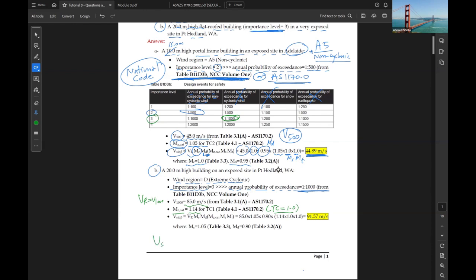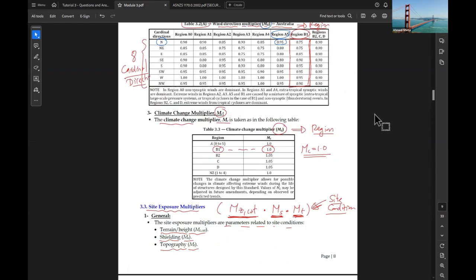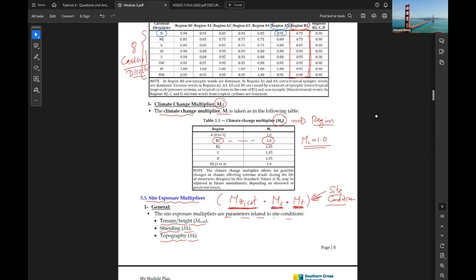So V site beta equals VR 85 times MC 1 times MD 0.9. Sorry, MC is 1.05. If we go to the table to check, here is the table of MC.